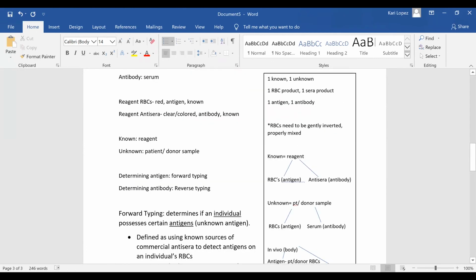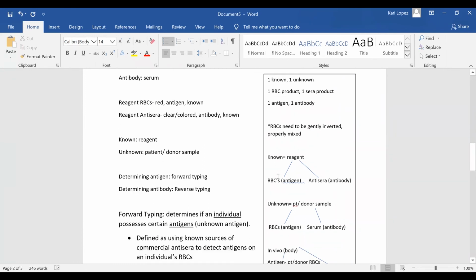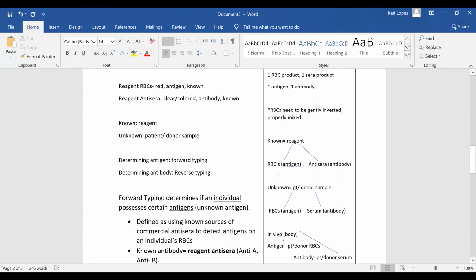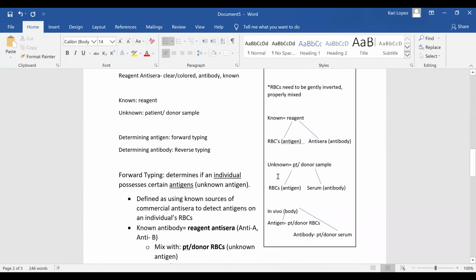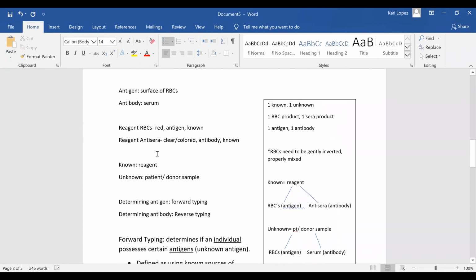So if we come up here and we go to our chart and we've got our known, there we go. So our known antigen is going to be here. Here's known. And we've got our antigen, which is going to be our reagent red blood cells.